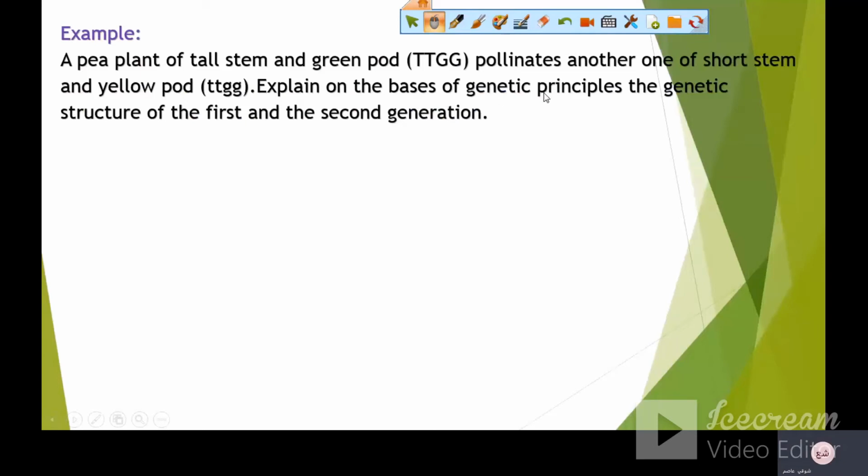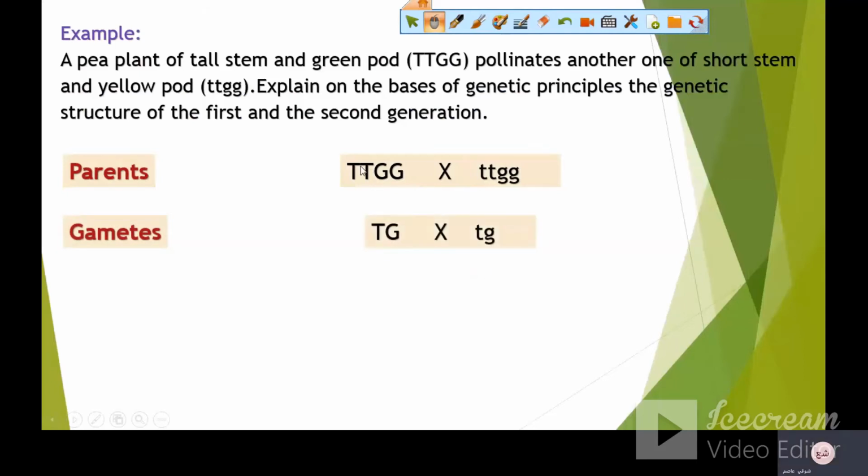Explain on the basis of genetic principles the genetic structure of the first and the second generation. First, let's get the parents: T capital, T capital, G capital, G capital crossed with T small, T small, G small, G small. Okay, let's get the gametes.